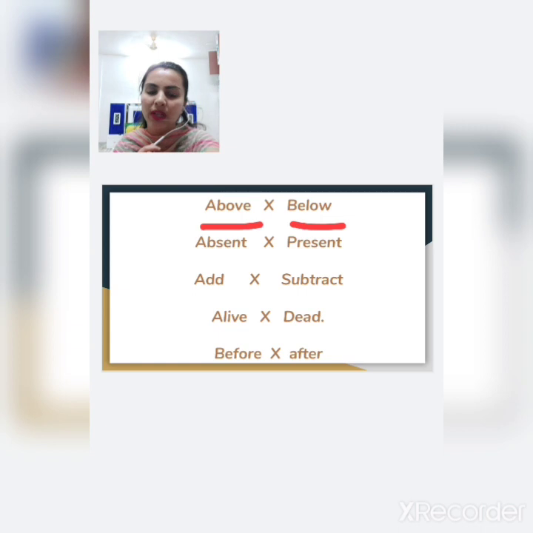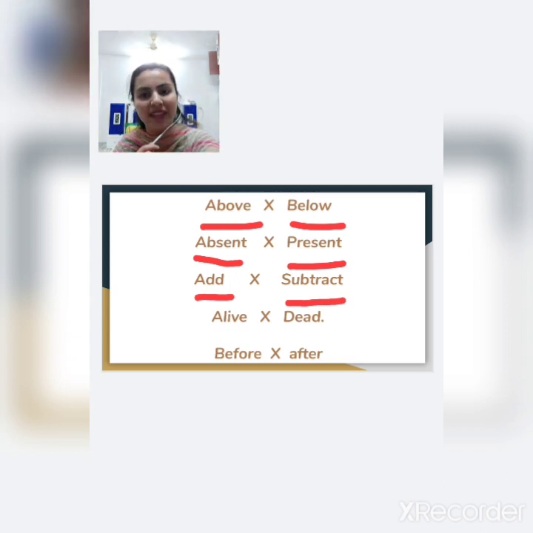Next is A-B-S-E-N-T, absent, and the opposite of absent is P, present. Next, A-double-D, add, and the opposite of add is S-U-B-T-R-A-C-T, subtract.